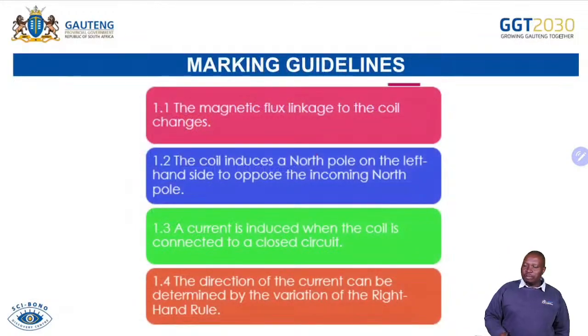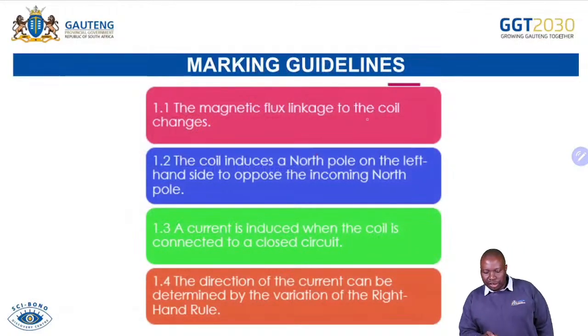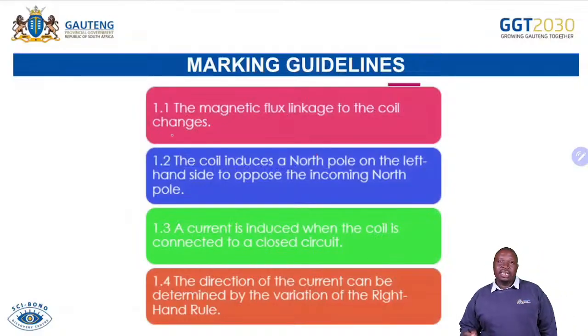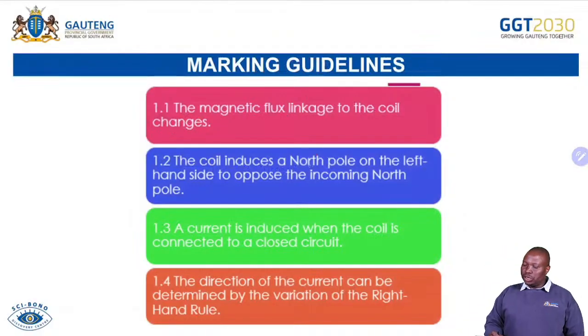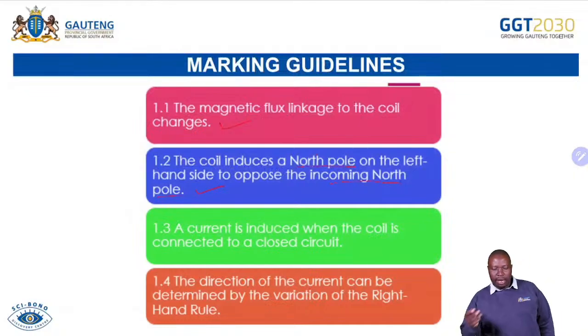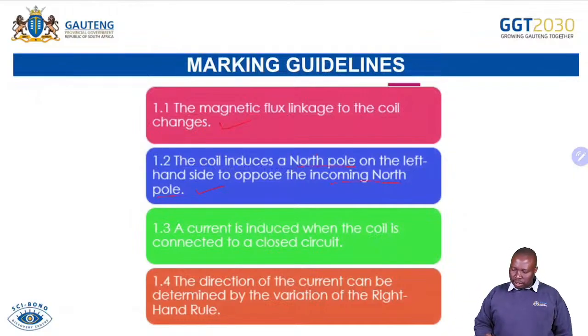You will say the magnetic flux linkage changes. So there will be change in magnetic flux. That is the first mark. The second mark was saying the coil induces a north pole on the left hand side to oppose the incoming north pole. I hope you are marking yourself there. What happens in terms of the current? A current is induced when the coil is connected to a closed circuit.